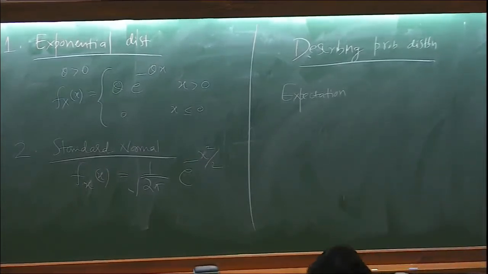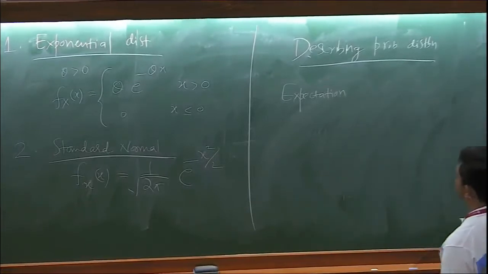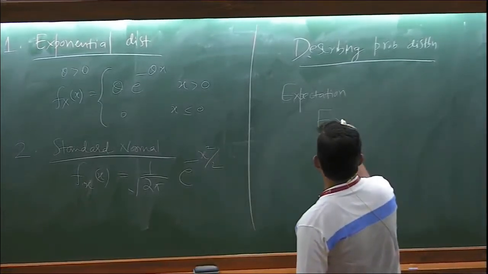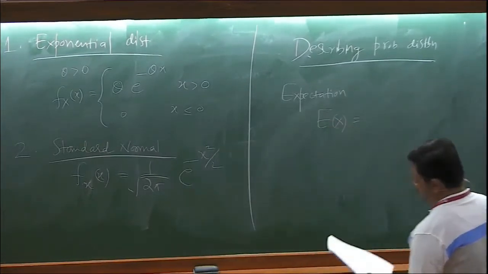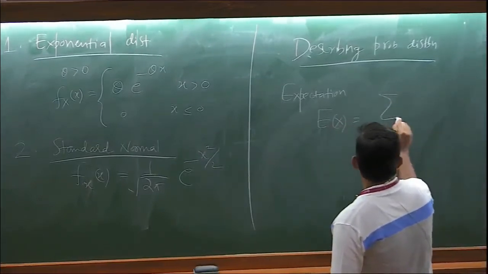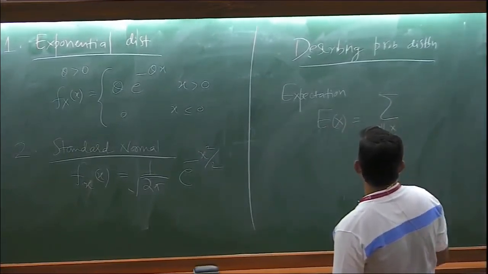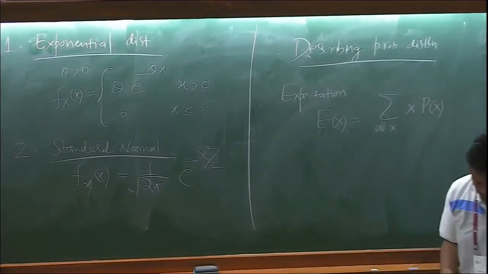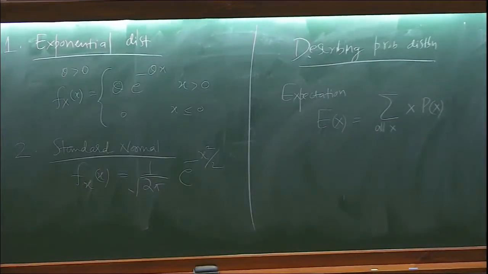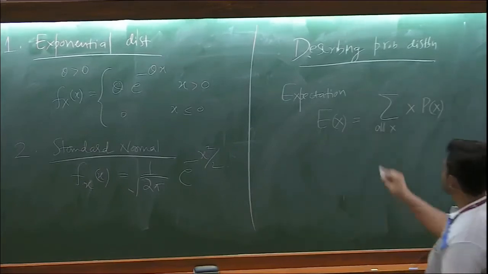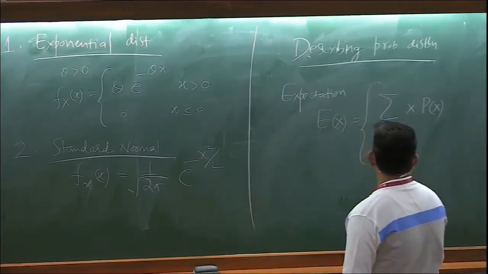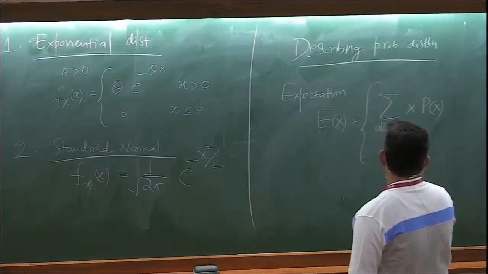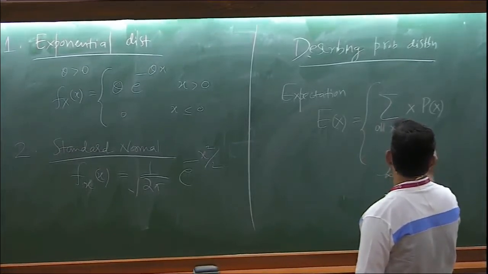So the expectation value of a probability distribution, E of x, that's the notation that's used. In the discrete case, you sum over all the sample space points x and compute this sum, x times p of x. And in the continuous case, it's the integral of x times f of x.